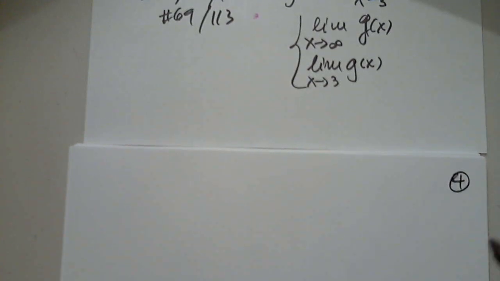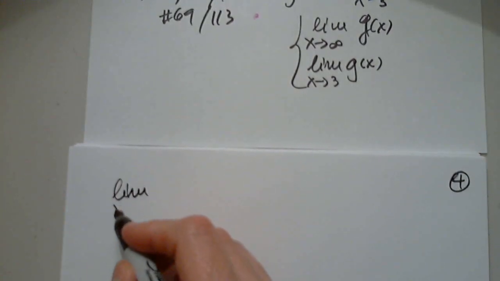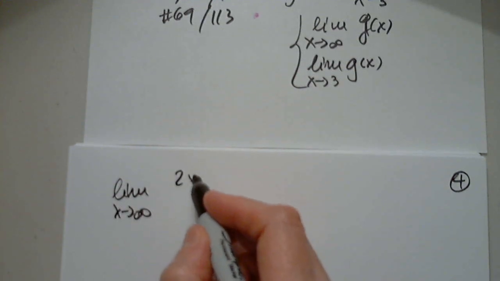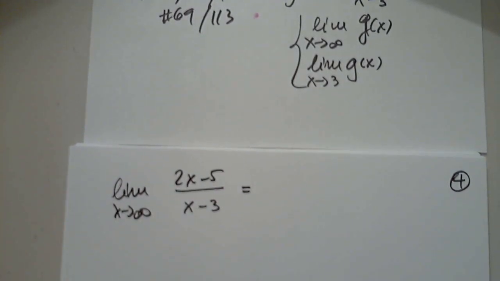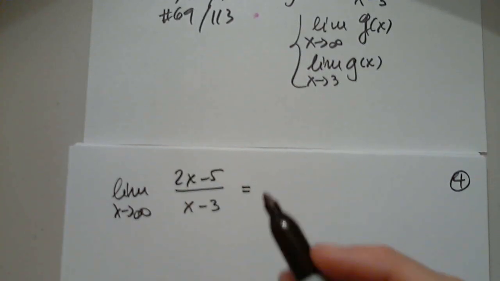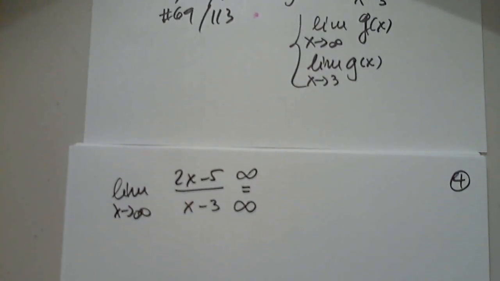So that's my page 4. So we have the limit as x approaches infinity of 2x minus 5 over x minus 3. Now, if you remember what we do here, we plug in first. So the numerator goes to infinity, the denominator goes to infinity.